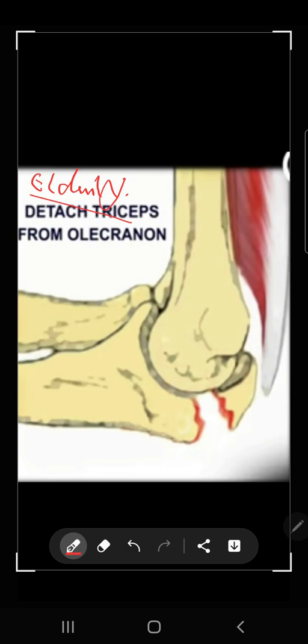Regarding the elderly with olecranon fracture, they may be treated either conservative treatment or surgical treatment. Can be treated conservatively. How?